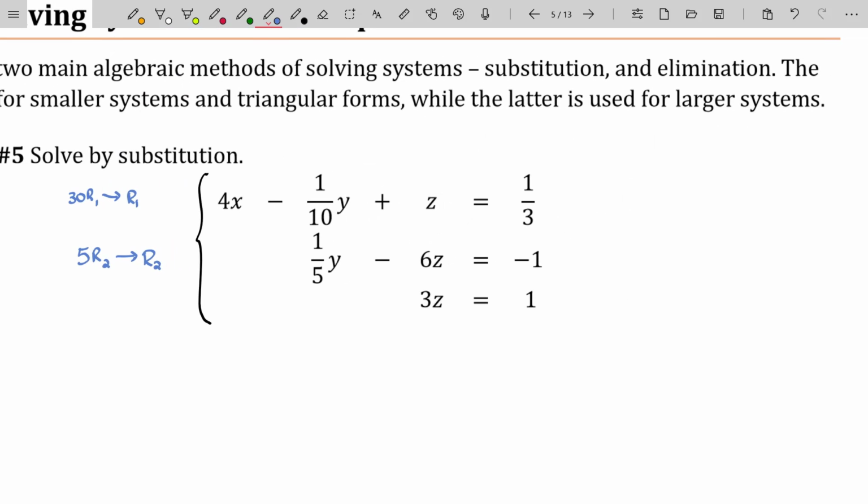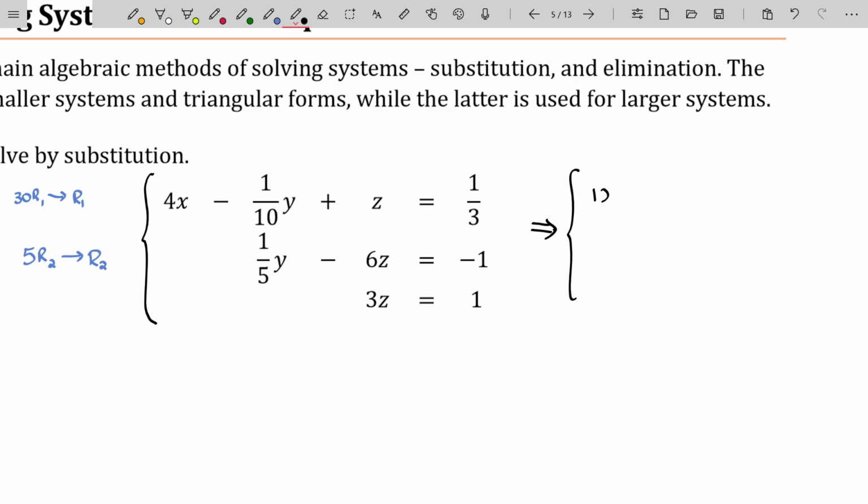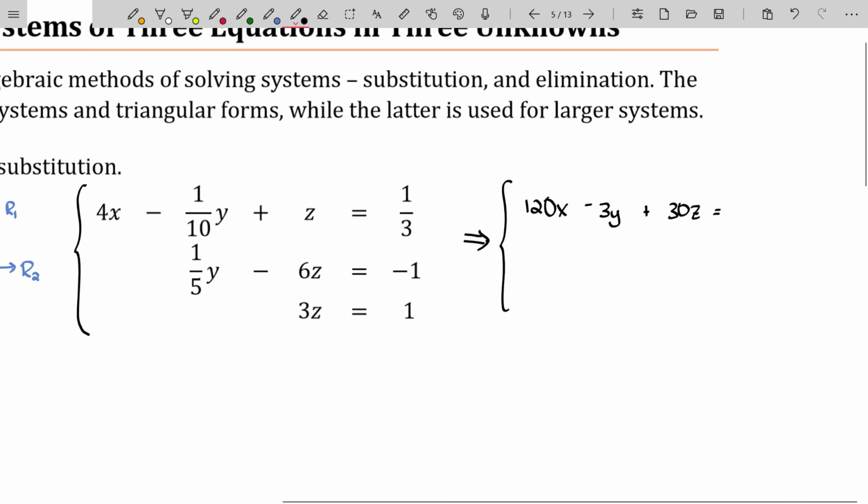When you do this work, I'll just go ahead and say this implies, and then our system is now, if you multiply row 1 by 30, you get 120x, which does not look attractive, but it is what it is, minus 3y plus 30z is equal to 10.